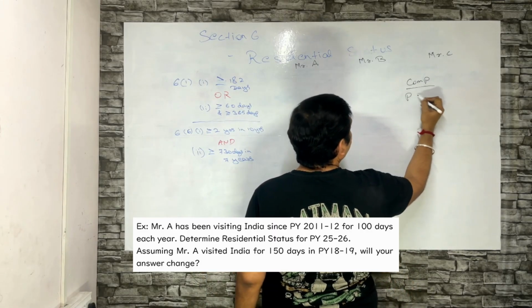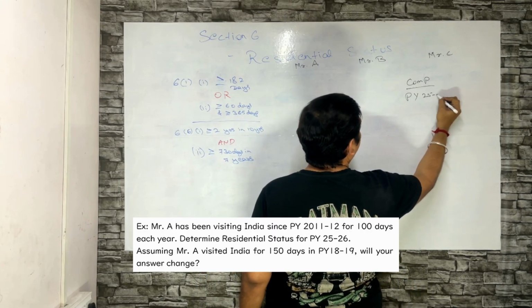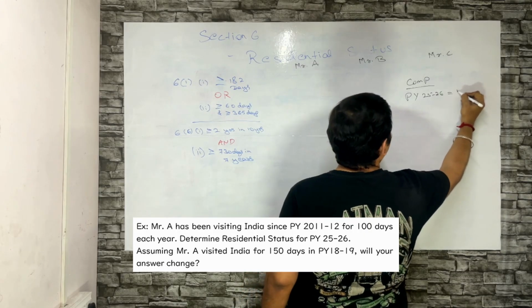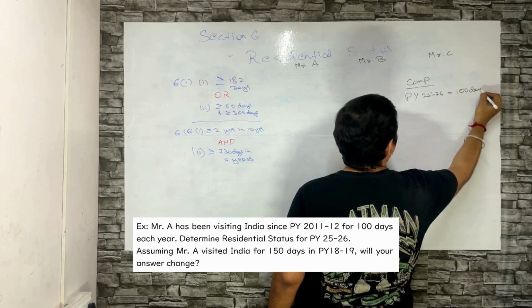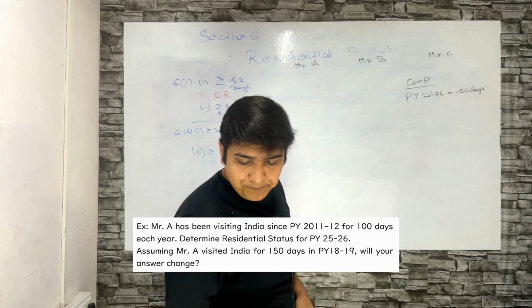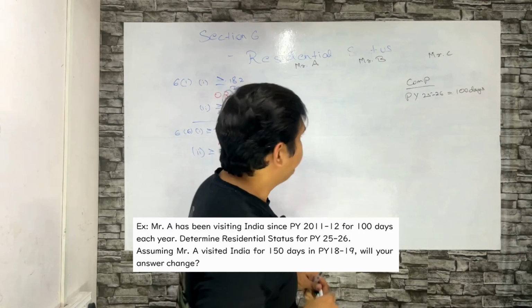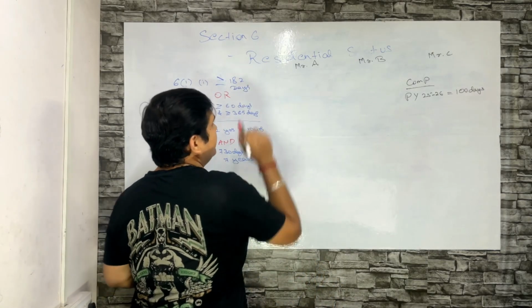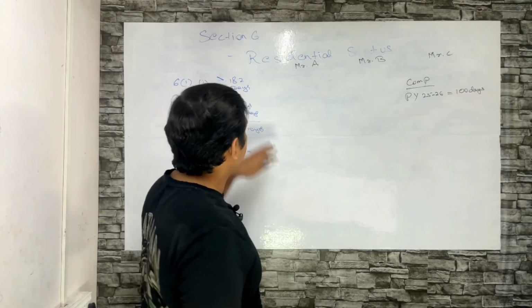So in previous year 25-26, he has stayed for 100 days. Is my first condition satisfied?